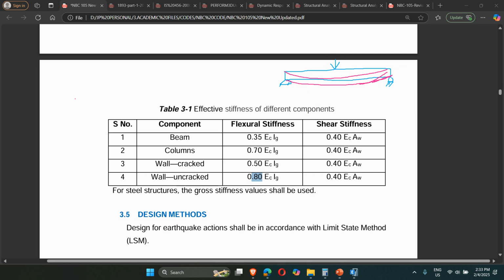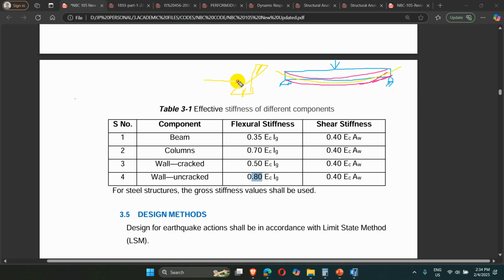Suppose this is a neutral axis somewhere here, making the stress diagram like this, where this one is in compression and this one is in tension.